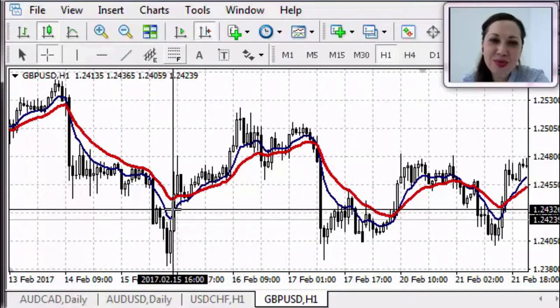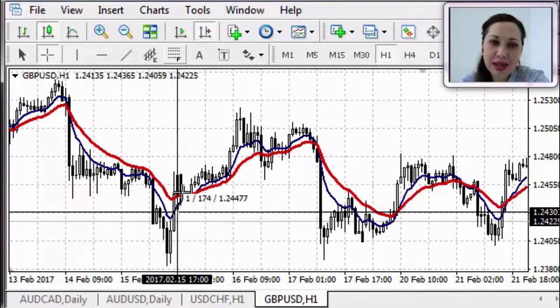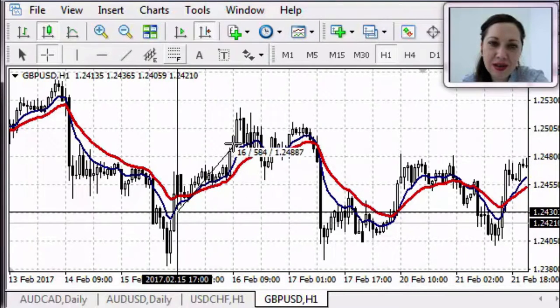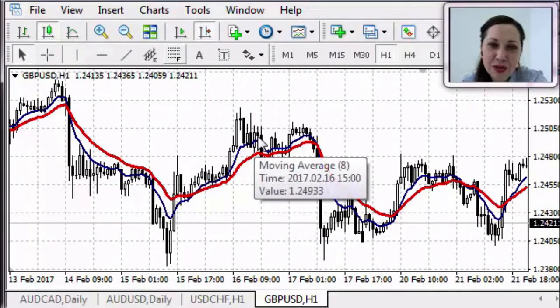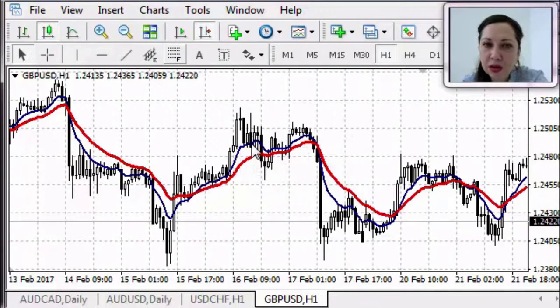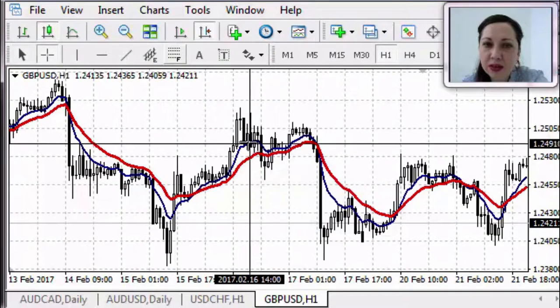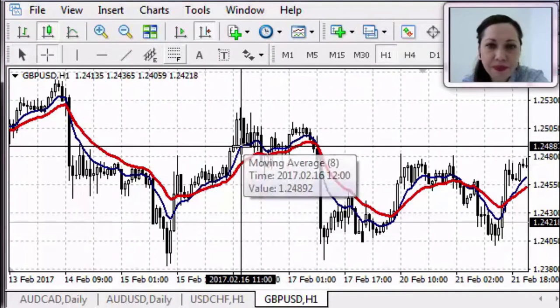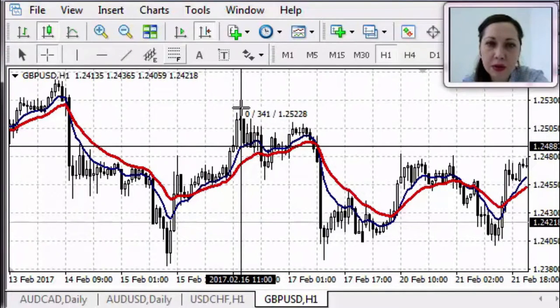The price broke through EMA 8, gave us at least 50 points. Next time it touched EMA 8, we open buy, but also this is a stop loss. You see, the market gave a lot of movement, and this is a stop loss of 34, but we can still survive in this trade.